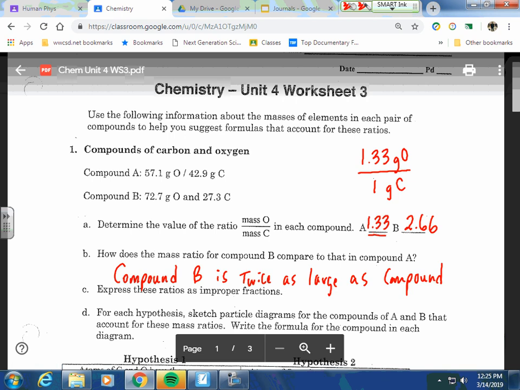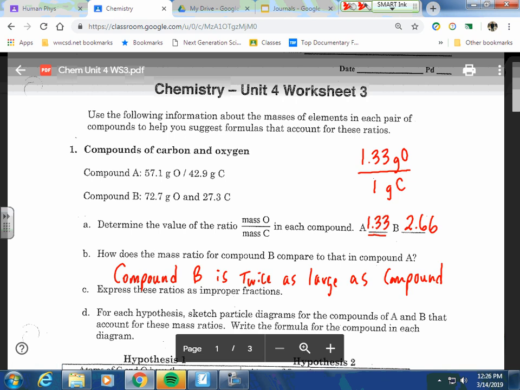No. So maybe we try to double it. If we double it, I would get 2.66 over 2. Is that a nice, simple whole number ratio? No, it's not. What if we multiply both the top and the bottom by 3?